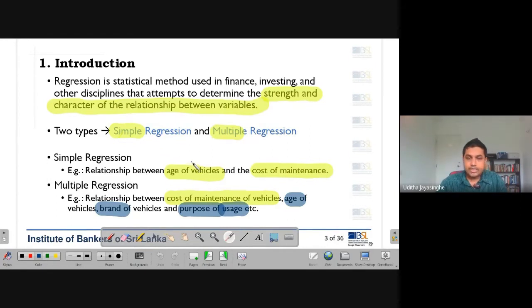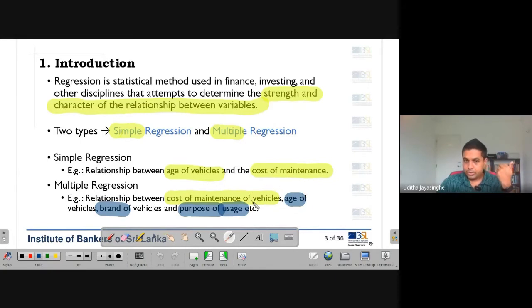The broader idea is given in these two examples. A simple linear relationship could be something like finding the cost of maintenance of a vehicle against the age of the vehicle. We're trying to see if the age of the vehicle keeps going up, whether the cost of maintenance is going to go up or otherwise. On the other hand, multiple regression identifies the cost of vehicle maintenance with multiple variables.